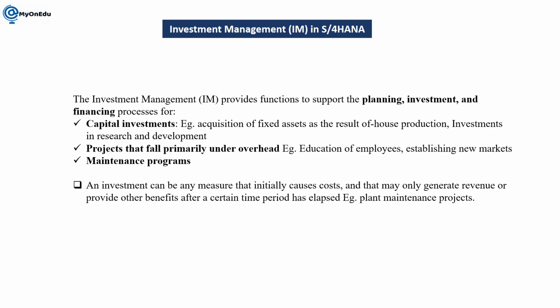Here it will be indirect, and after a certain period you will come to know the benefits of executing this project. Like plant maintenance, if you are maintaining your equipment well, your production will continue without any hurdle, so it will help you in that case.